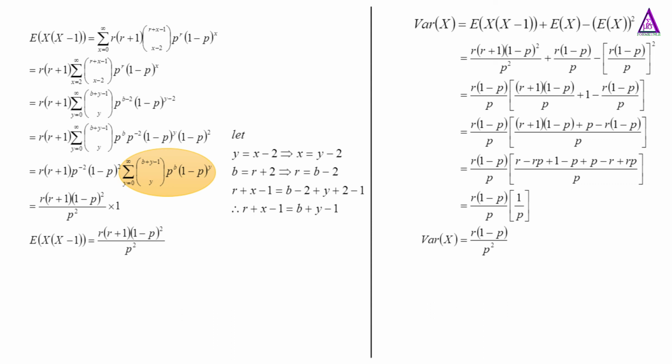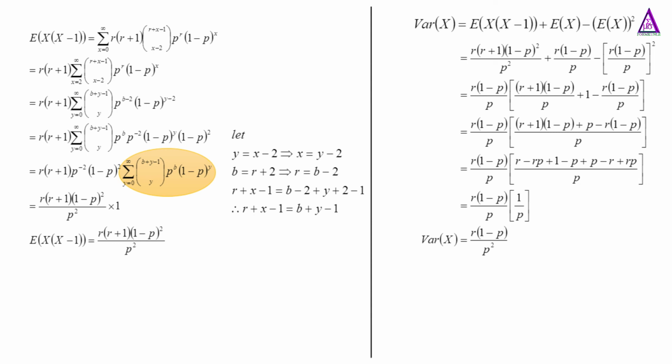So we have r into bracket 1 minus p divided by p, open bracket r plus 1 close bracket 1 minus p close the bracket divided by p plus 1 minus r into bracket 1 minus p divided by p.